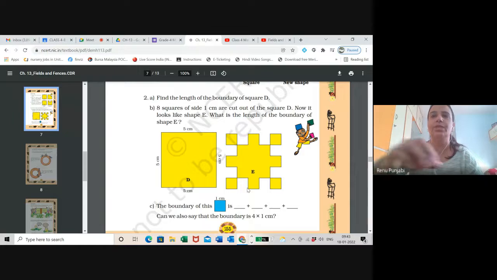Please find the answer for the shape E. You can start from anywhere. 1, 2, 3, 4, 5, 6, 7, 8, 9, 10, 11, 12, 13, 14, 15, 16, 17, 18, 19, 20, 21, 22, 23, 24, 25, 26, 27, 28, 29, 30, 31, 32, 33, 34, 35, 36.